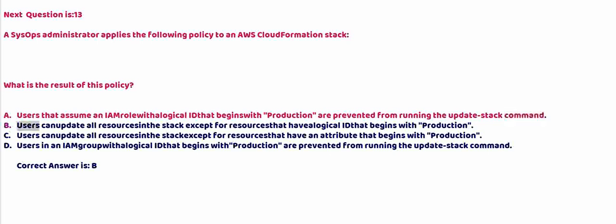B. Users can update all resources in the stack except for resources that have a logical ID that begins with production. C. Users can update all resources in the stack except for resources that have an attribute that begins with production. D. Users in an IAM group with a logical ID that begins with production are prevented from running the update stack command. Correct answer is B.